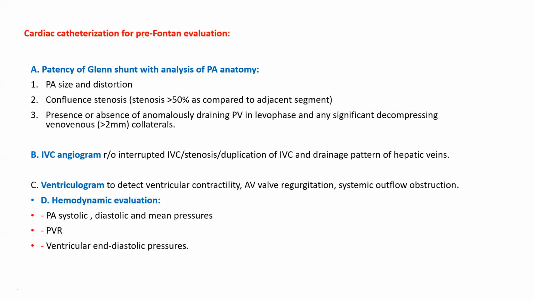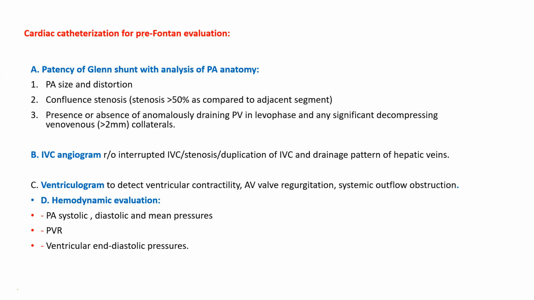anomalous drainage of the pulmonary veins, and whether any significant veno-venous collaterals are there. Second, we have to take the IVC angiogram. How many accesses do we have to take in this case? We have to take the Glenn access or the jugular access, followed by an IVC access, that is the femoral vein access. Then in some cases we might need to take the arterial access also. With the femoral vein access we do an IVC angiogram to look for an interrupted IVC, stenosis, or any azygous vein draining.